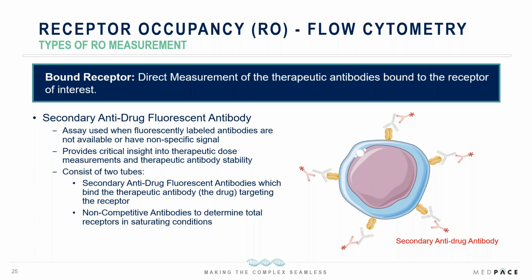In that case, you can use a secondary anti-drug fluorescent antibody, and this antibody will bind to the drug, which is bound to the receptor of interest. In that case, the percentage of bound receptor can be used as well to calculate the percentage of receptor occupancy. And usually this assay is combined with the total receptor measurement, and I will explain this one in the next slide.